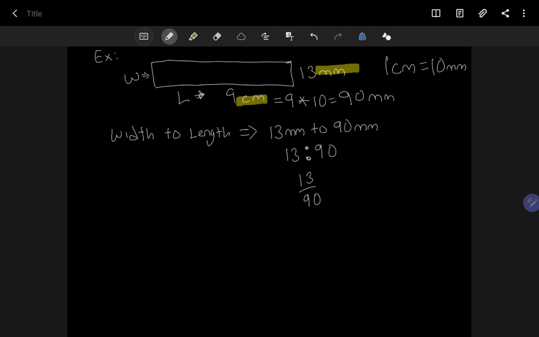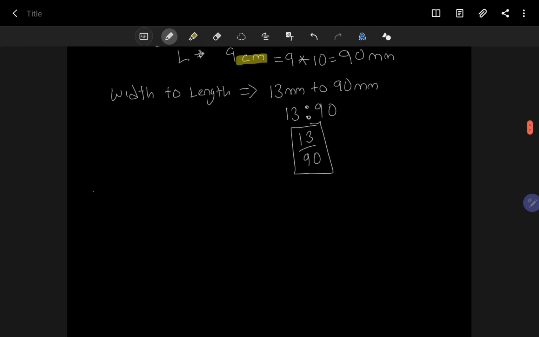Cool. Okay, so one of the other things that we have to know from here is, as I look at these ratios, I can also simplify them. So as I simplify a ratio, consider the following example. The ratio 12 to 24.